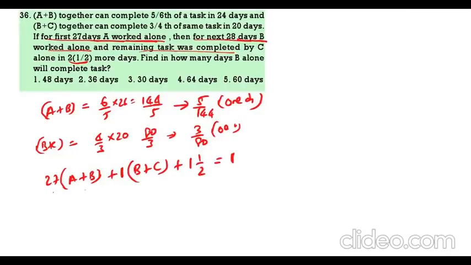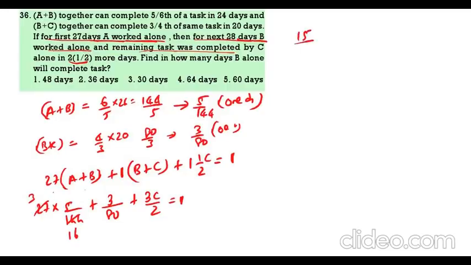27 of A plus B plus 1 of B plus C plus 1 by 2 of C is equal to 1. Now A plus B is 5 by 144. So 27 into 5 by 144 plus 3 by 80 plus 3C by 2 is equal to 1. Now see, 9 3s, 9 16s. So it is 15 by 16. 15 by 16 plus 3 by 80 plus 3C by 2 is equal to 1.